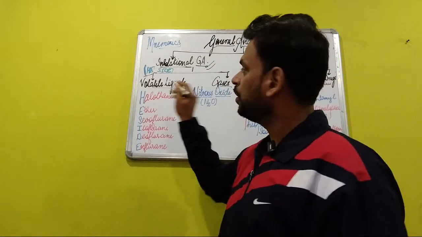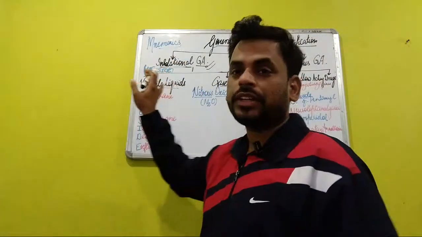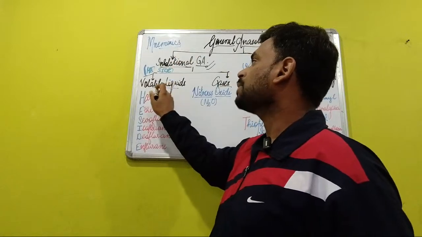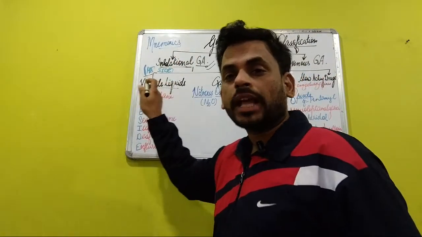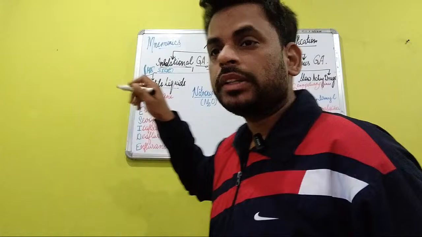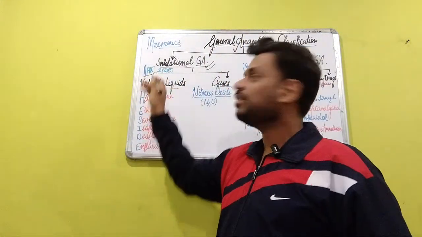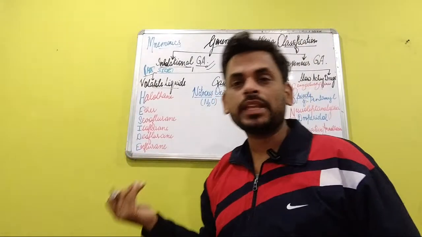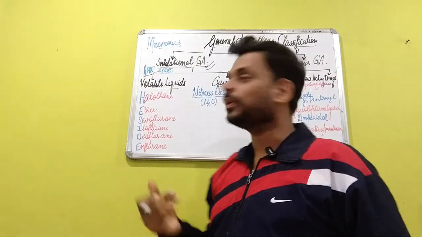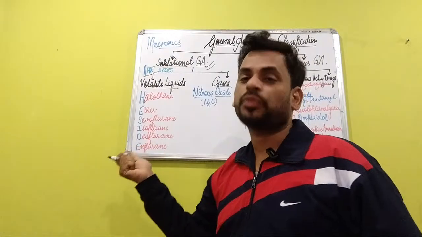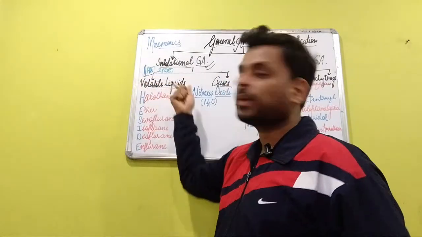So these inhalational general anesthetics are of two types: firstly, volatile liquids, and next, gases. When we try to remember the volatile liquids, it becomes very cumbersome to pen down and sequence the drugs that fall under this category.